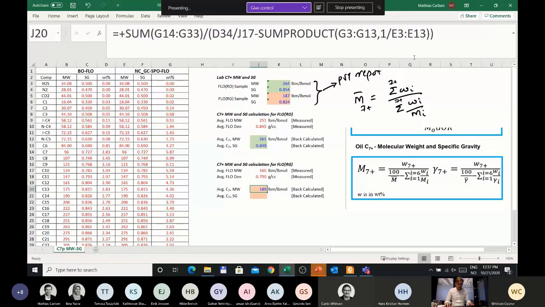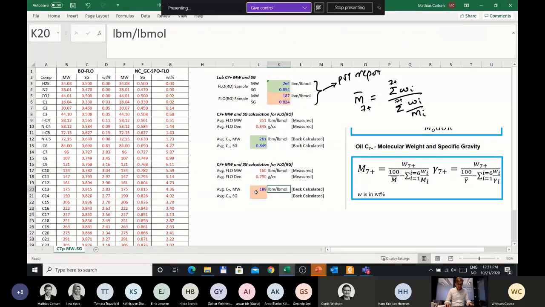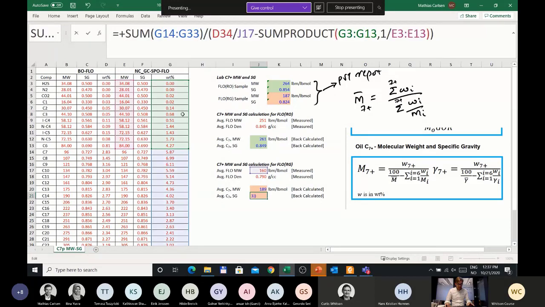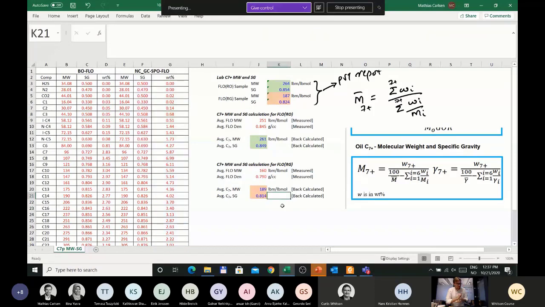So for this fluid system, maybe this Gatsby molecular weight and specific gravity are reasonable compared to many other fluid systems you have in the world.